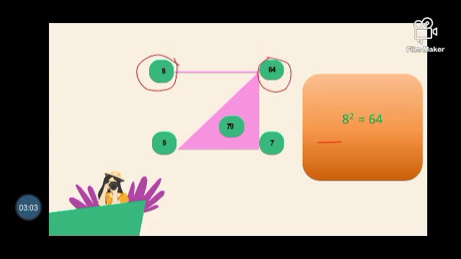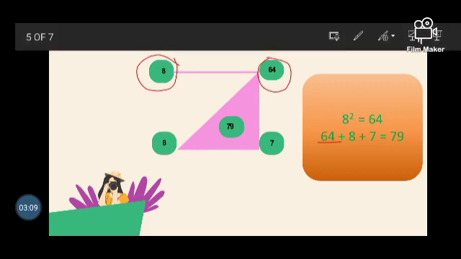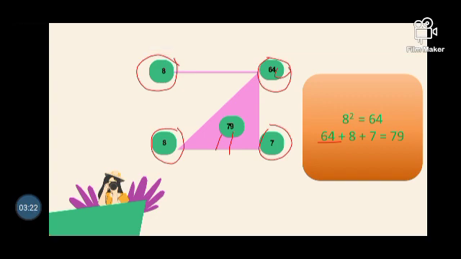And also 64 plus 8 plus 7 equals 79. That is, this 64 plus 8 plus 7 equals that. Do you get it? Good.